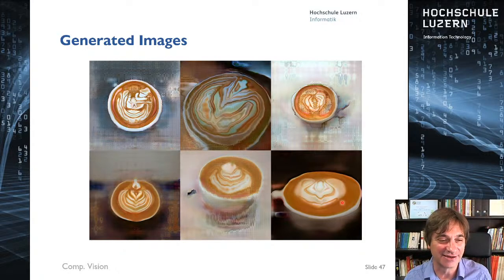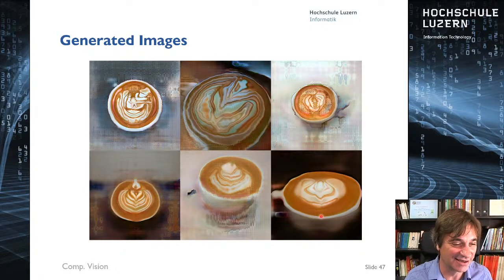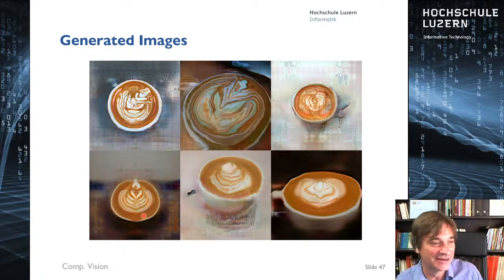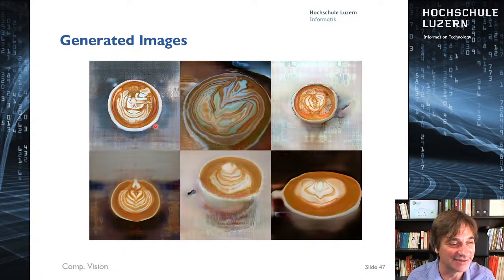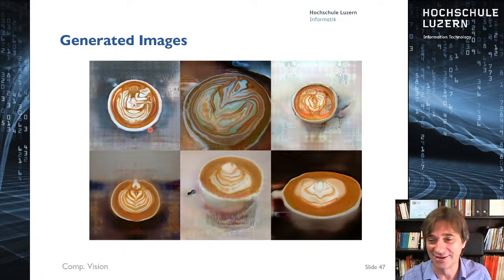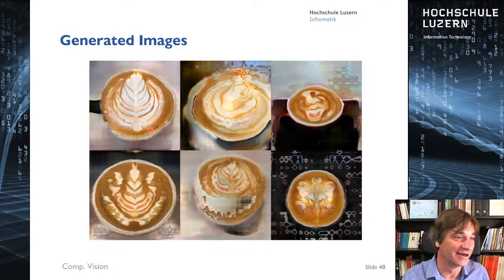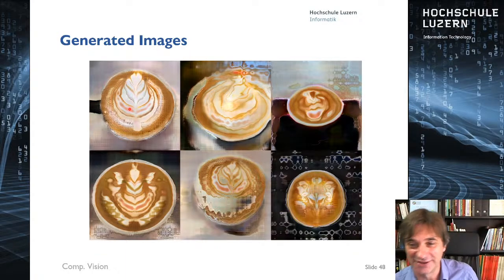We see that it generates something that looks a bit like a cup, and it has the correct color patterns of white and brown coffee, but it's not so clear yet what the image then actually looks like. But still, I think it was quite a fun project. Some of them are, I think, quite good, what can be generated here.